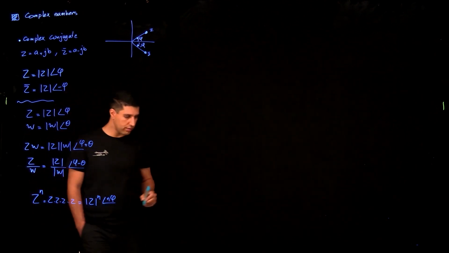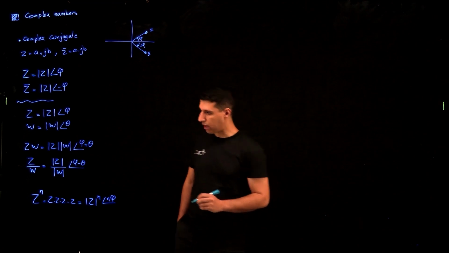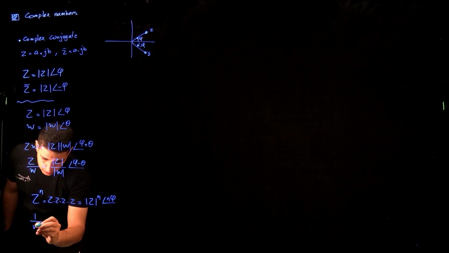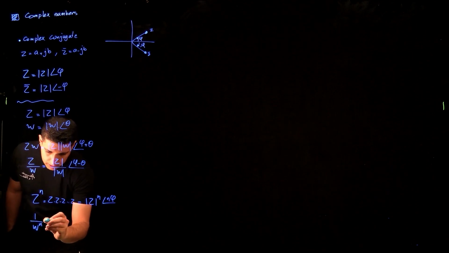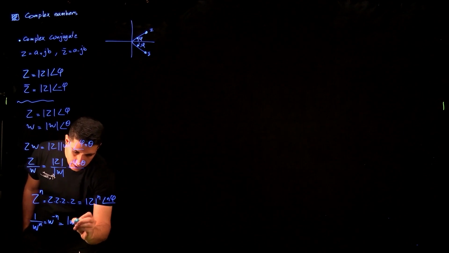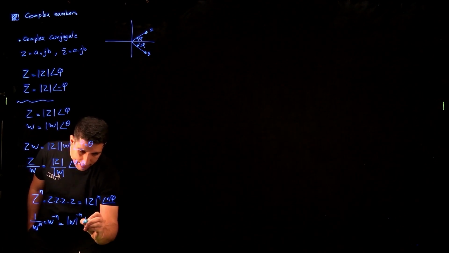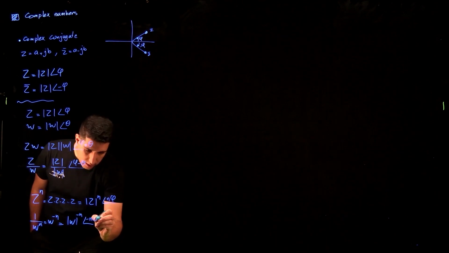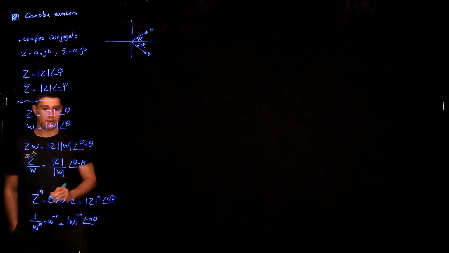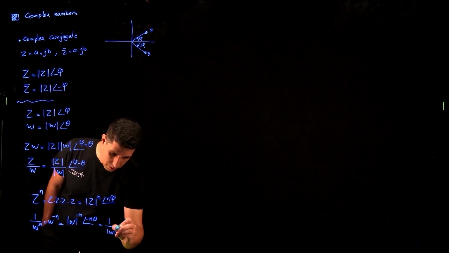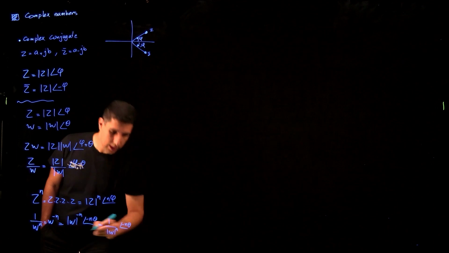And similarly for divisions, if you have 1 over w to the power n, which is w to the power minus n, this one is norm of w to the power minus n, with the angle rotating by minus n theta.